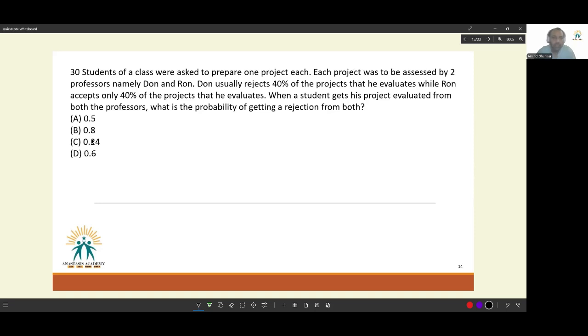Next, 30 students of a class were asked to prepare one project each. Each project was to be assessed by 2 professors, namely Don and Ron. Don usually rejects 40% of the projects he evaluates.